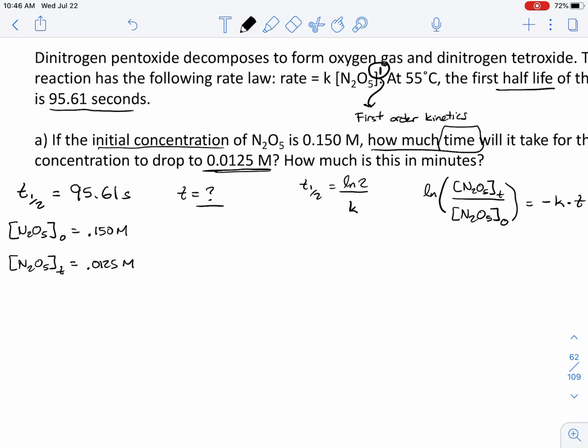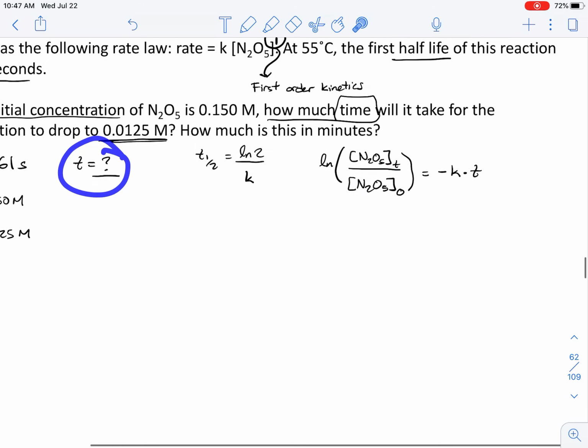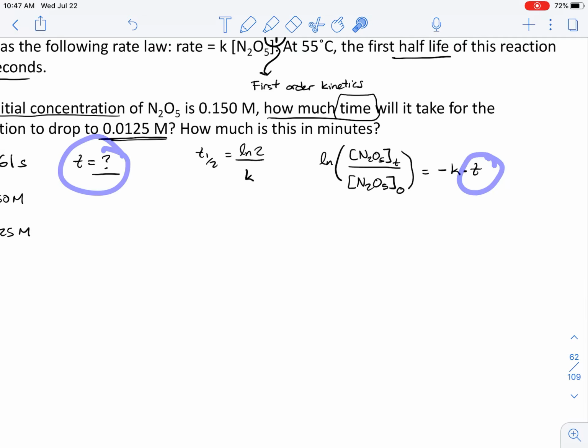And so notice how I have a value for T1/2, and I have a value for the initial concentration, and I have a value for this concentration, and that's found in the numerator. And the question is asking us to determine T, which is this.